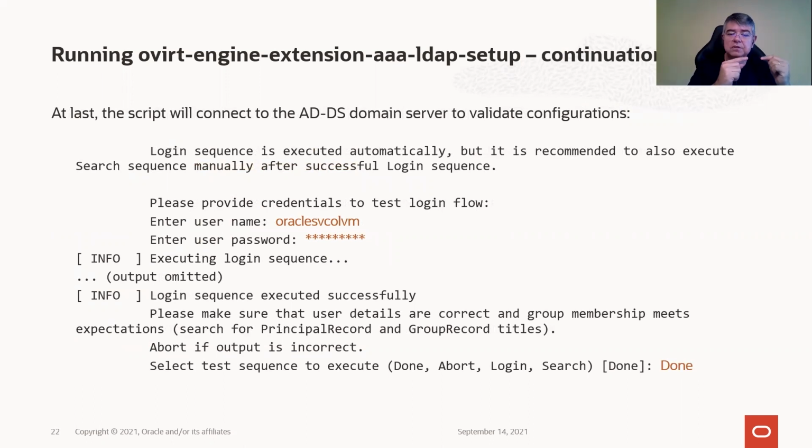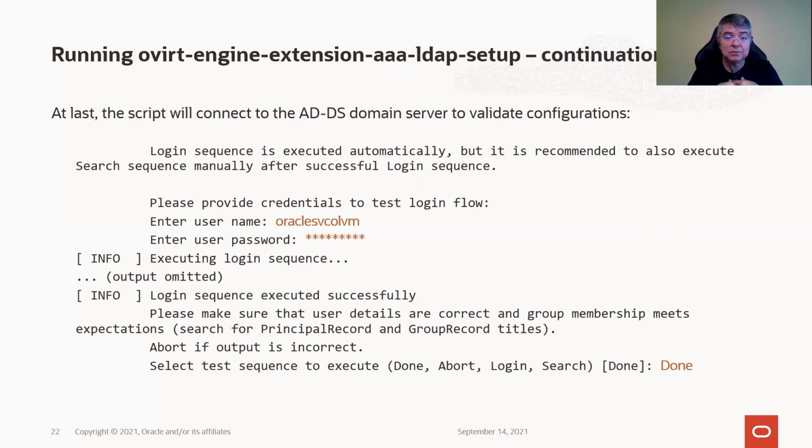In the previous slide, we said when the ovirt-engine runs any LDAP connection to the Active Directory, use this UPN. This UPN, user principal name or distinguished name, is going to be used just to confirm the user is available.